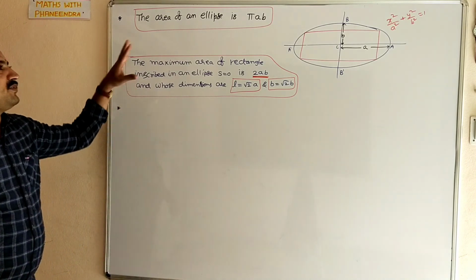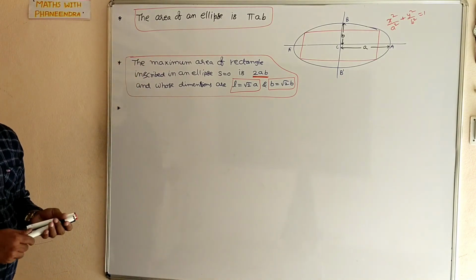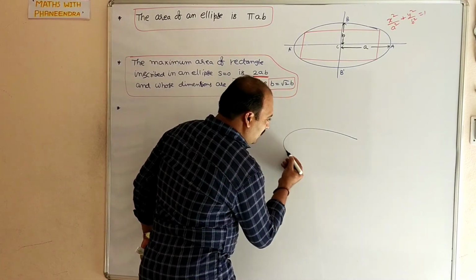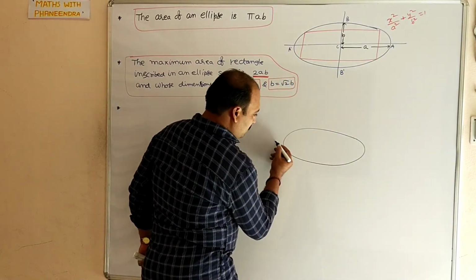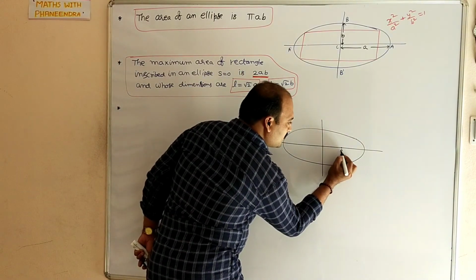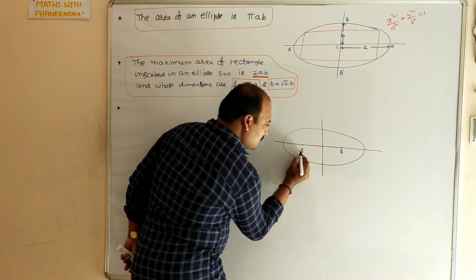After completing these two important concepts, one more important concept is there. So observe carefully. This is the ellipse figure. This is the focus, this is another focus.